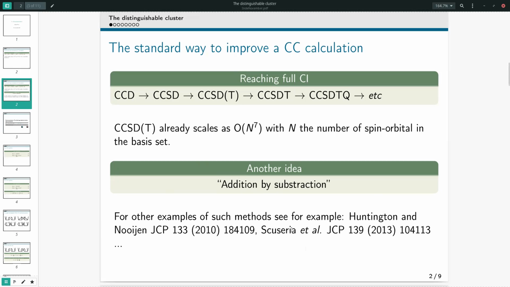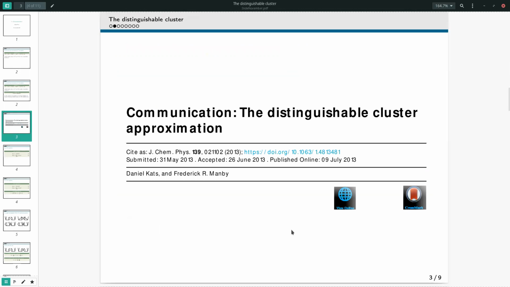So there are a lot of examples and a lot of approximations, and one of those approximations is the distinguishable cluster introduced by Katz and Manby, in this paper from 2013.